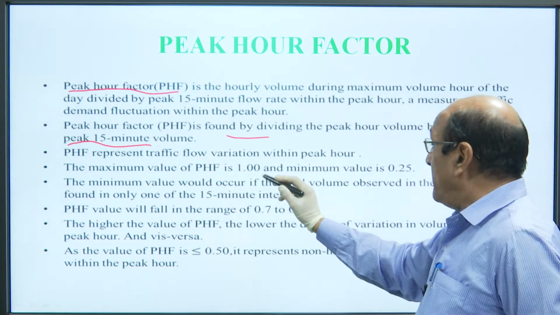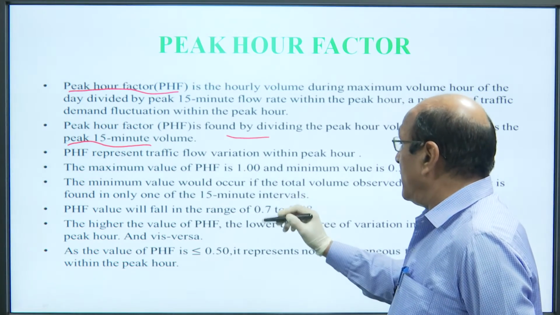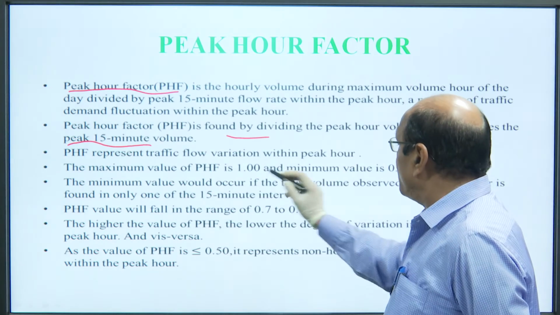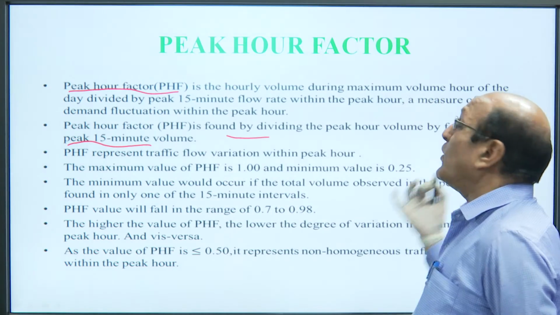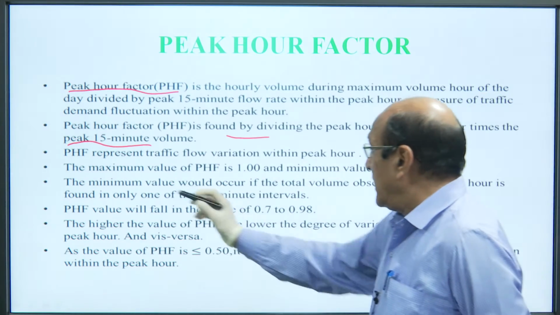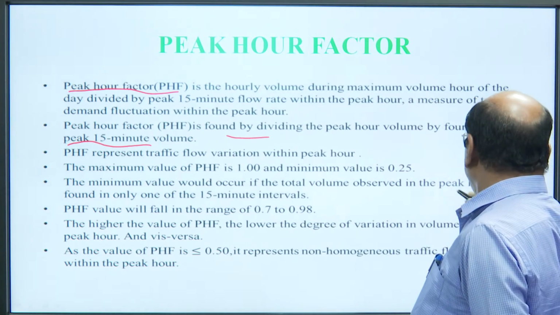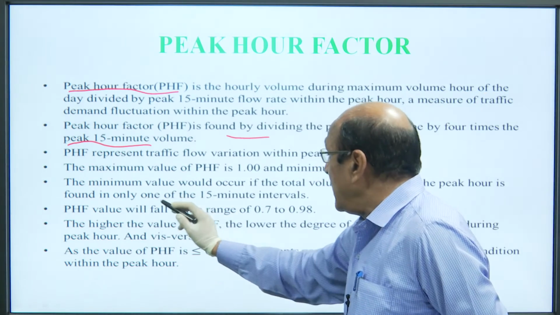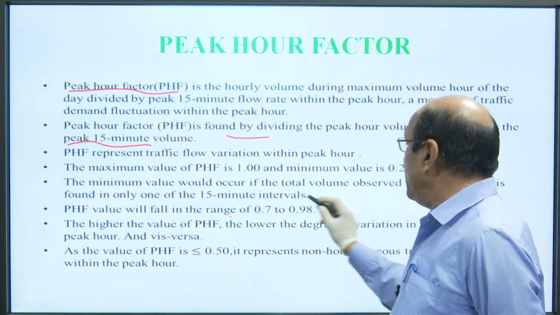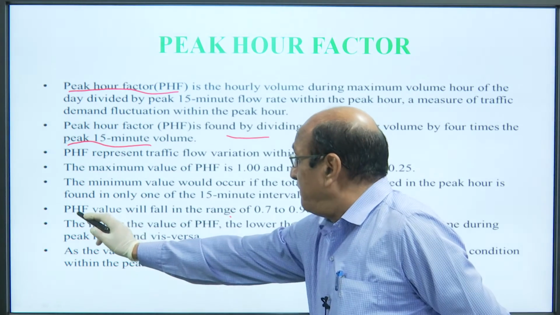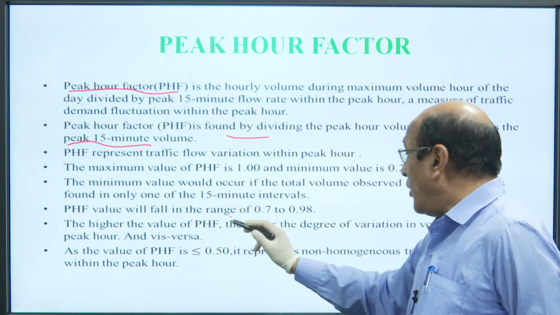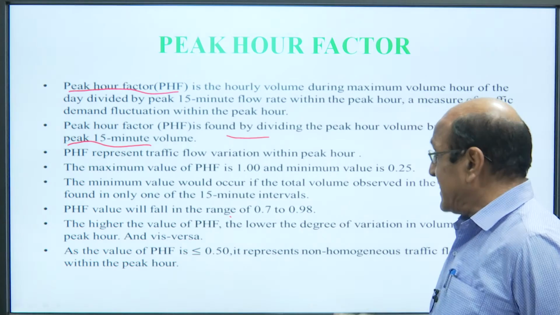The maximum value of PHF, peak hour factor, is 1 and the minimum value is 0.25. The minimum value would occur if the total volume observed in the peak hour is found in only one of the 15-minute intervals. Peak hour factor value will fall in the range of 0.7 to 0.98.